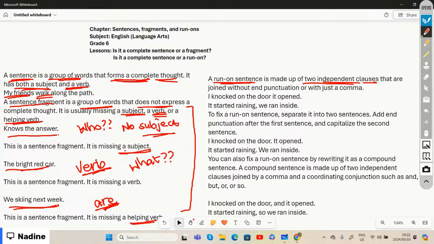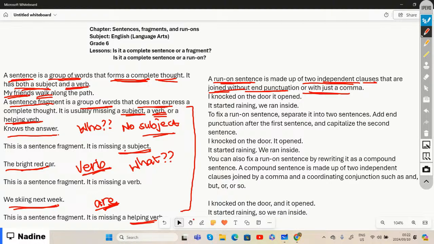But a run-on sentence is made up of two independent clauses that are joined with no end punctuation, or just joined with a comma. That is a run-on sentence.